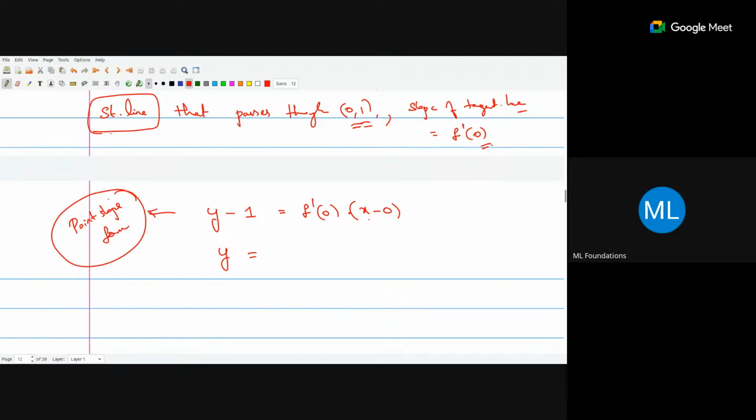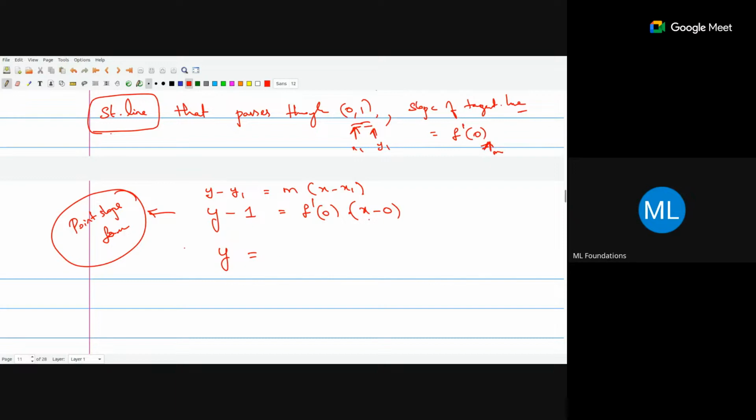If I know the slope and one point, I can write the equation of a straight line, which is y minus y1 is equal to slope m times x minus x1. This is x1, this is y1, this is m. So I just simply substituted it.